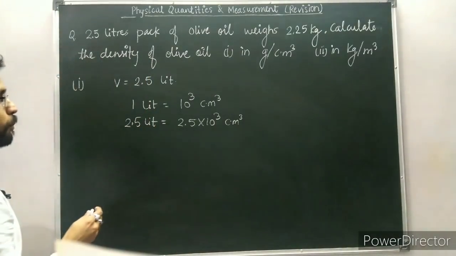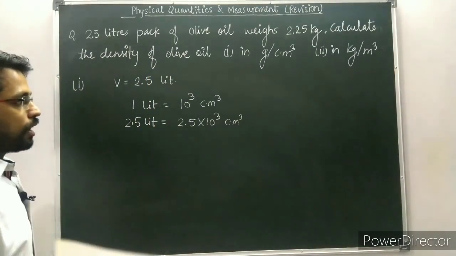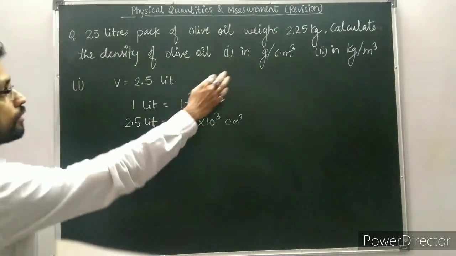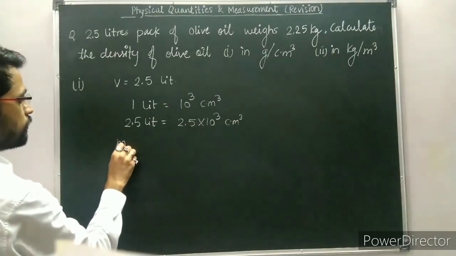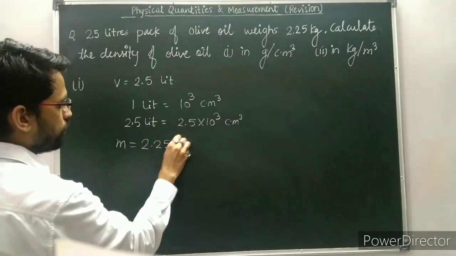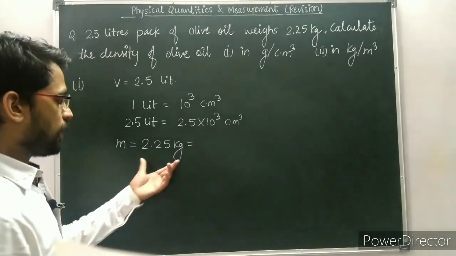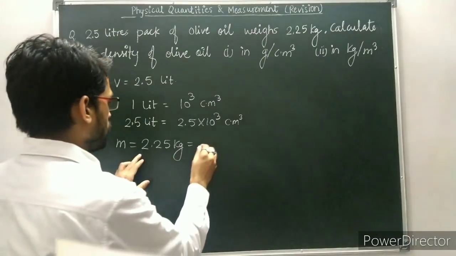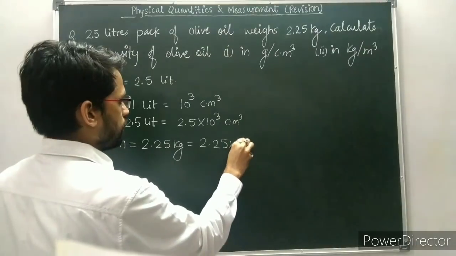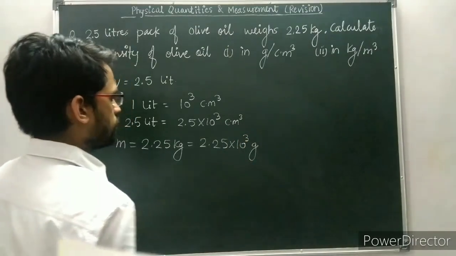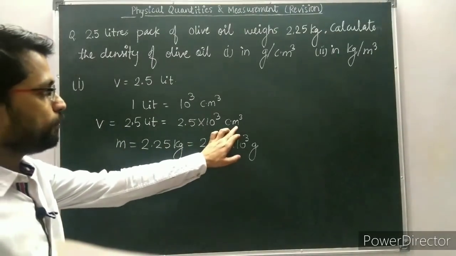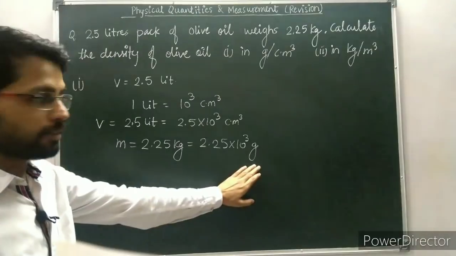So this is now the volume in centimeter cubed, and the mass of the olive oil is 2.25 kilogram. Now convert this mass into grams. So in gram it is 2.25 into 10 to the power 3 grams. So now we have volume in centimeter cubed and mass in gram.